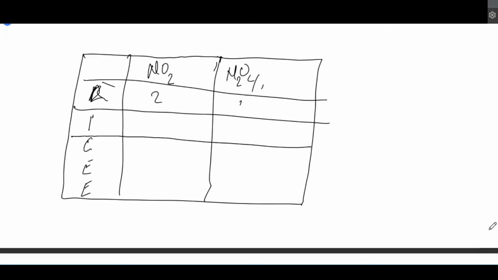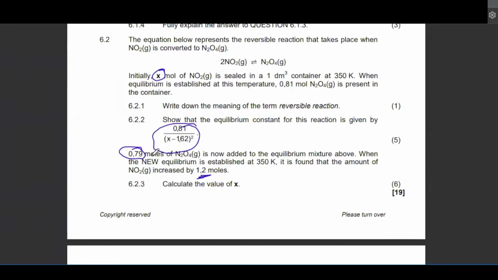Now, the initial in this case, what did we start with? They say that 0.79 moles of this were added to dinitrogen tetraoxide.